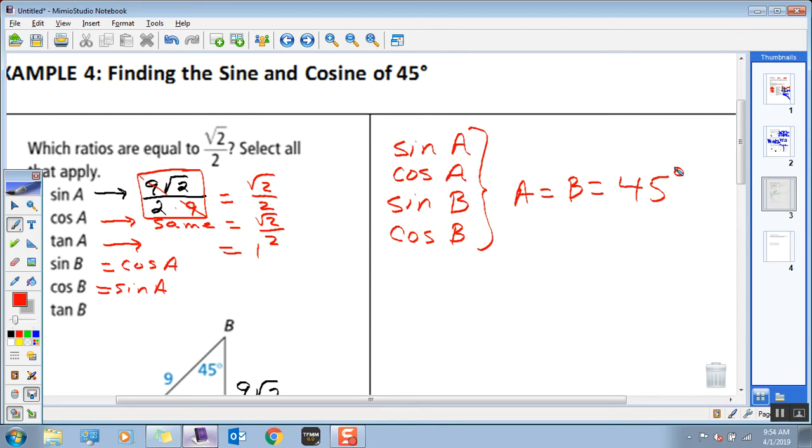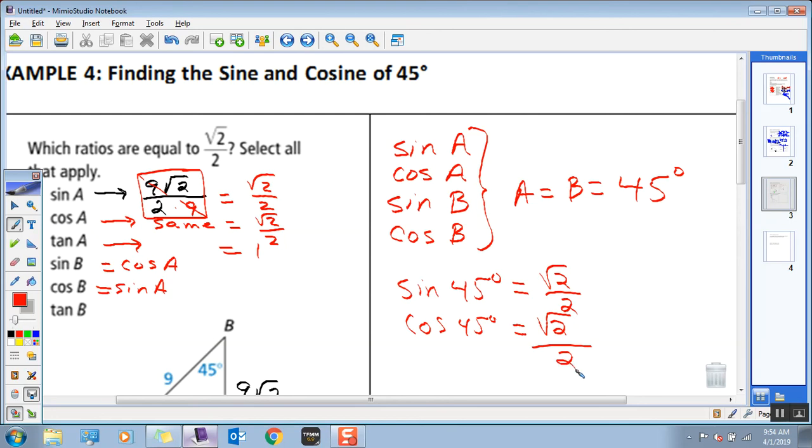Okay, so this is what I want you to understand. You ever see the sine of 45 degrees? That's the same as root 2 over 2. You ever see the cosine of 45 degrees? That's equal to root 2 over what? 2.